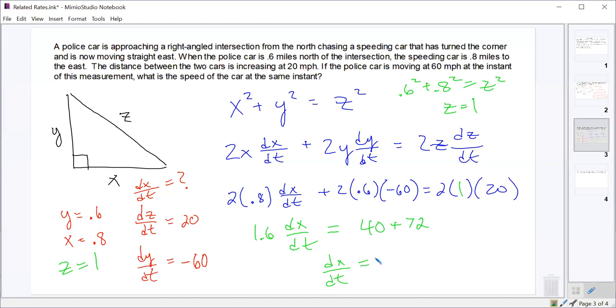What's 112 divided by 1.6? 70. So 70 miles an hour. Good or no? Good. All right. Any issues with that?